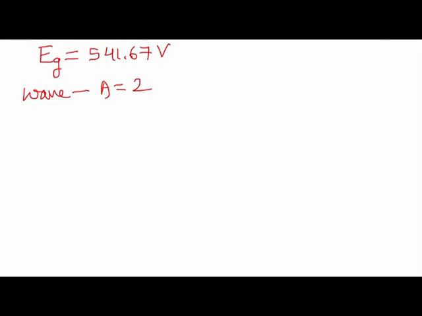For lap connected, it is equal to P. Now we need to find out at which speed the generator is to be driven to produce the same EMF. So again we need to use the same equation, Eg is equal to phi ZNP by 60A.